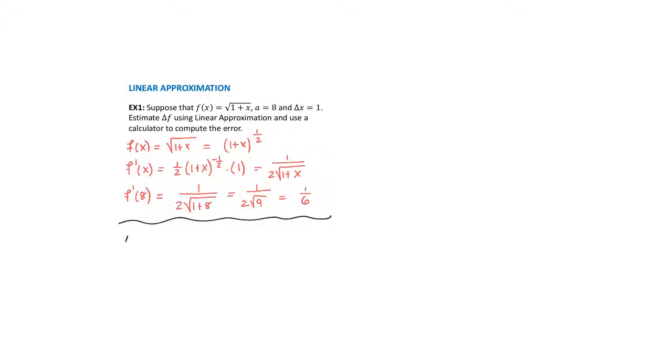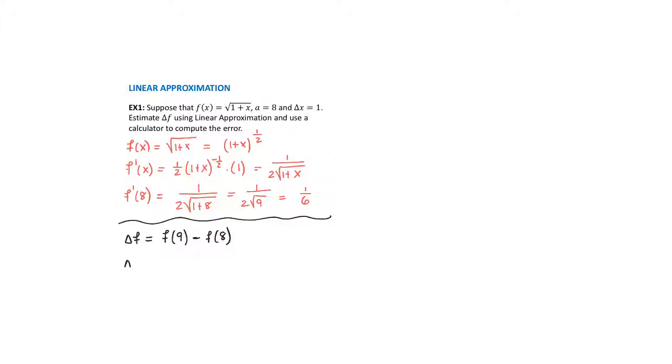Remember, the actual change is really given to me by f of 9 minus f of 8. Even though I have a function, I am not going to plug this into the function and do my subtraction. I'm going to use the linear approximation.